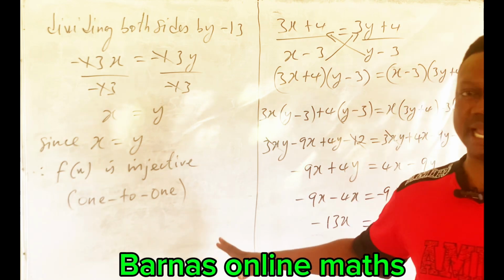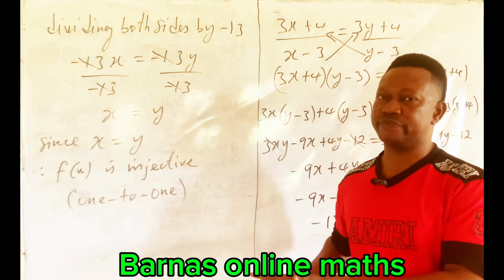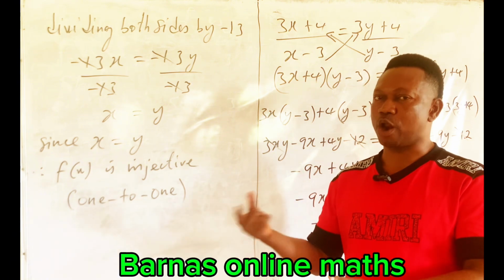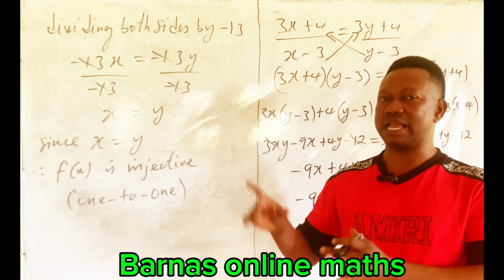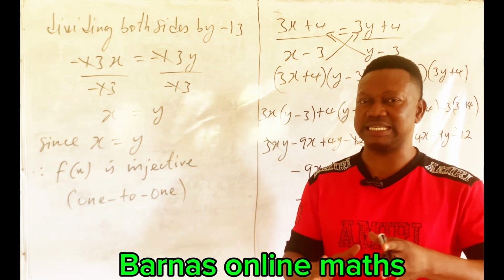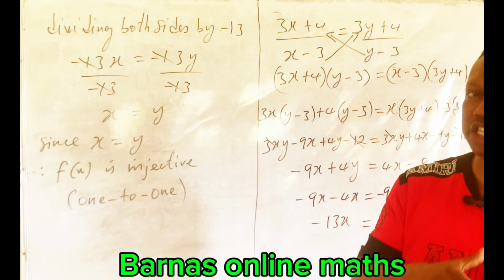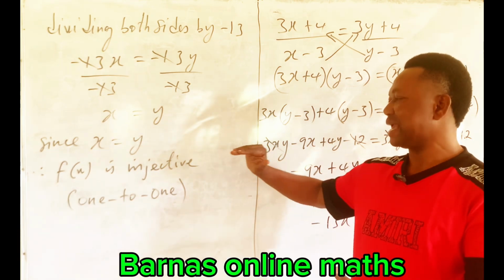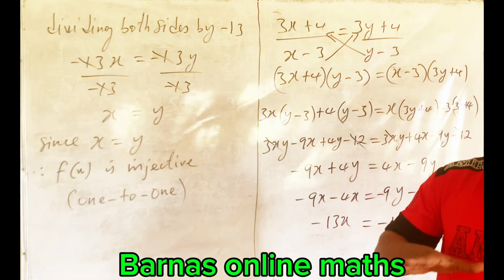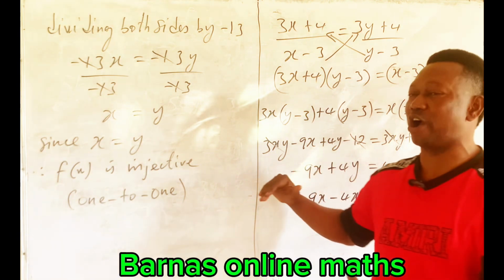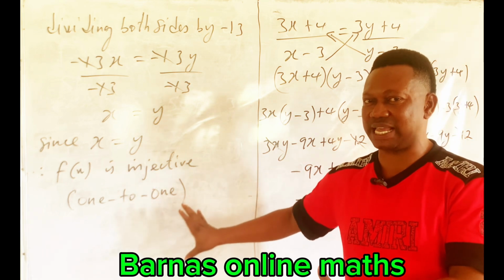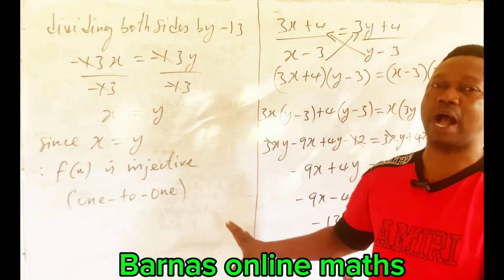Next, we cannot say that this function is bijective since it is injective. For us to conclude that the given function f of x is bijective, it must be both injective and surjective. Now, we have tested for injective and found out that the function is injective since x is equals to y.